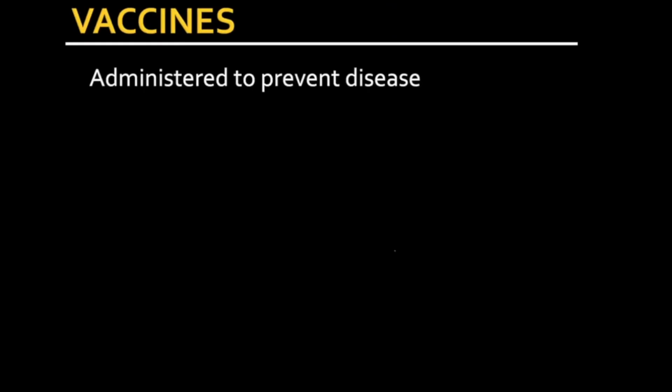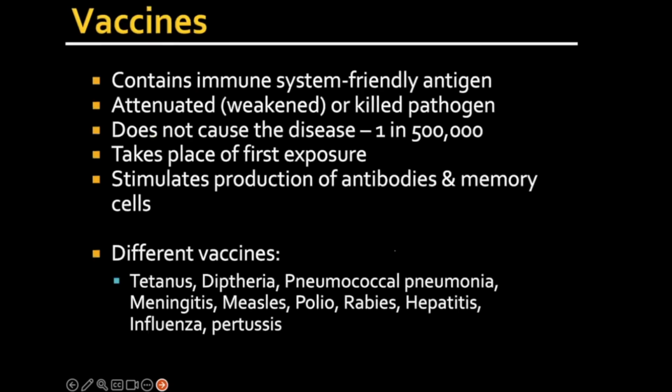Let's talk about vaccines. Obviously, these are administered to prevent disease. They cause you to produce antibodies that will recognize the disease if it comes in later on at some point. So what do vaccines have in them? They have what's called an immune system friendly antigen.